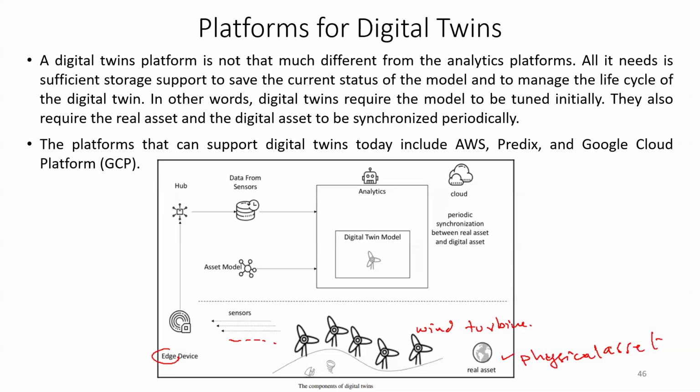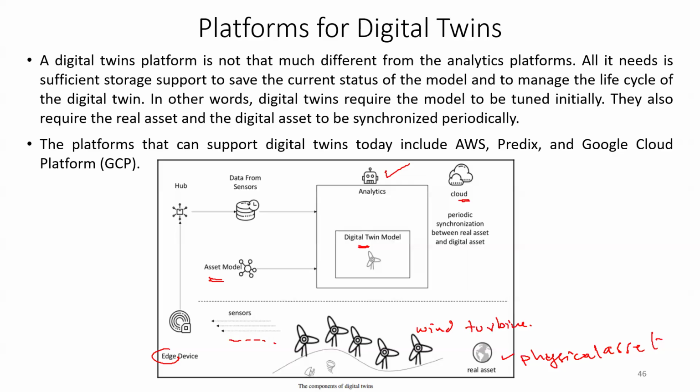And that data is then processed by an asset model and forwarded to the analytical platform here, where the digital twin resides. And the cloud services enable us to make predictive periodic synchronization between the real asset and the digital version.